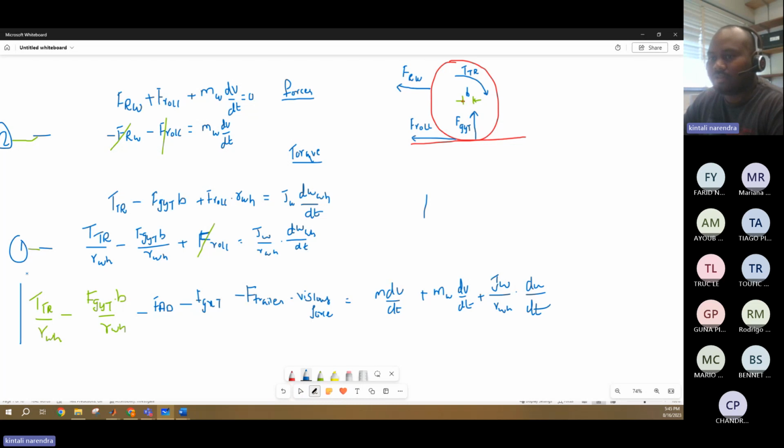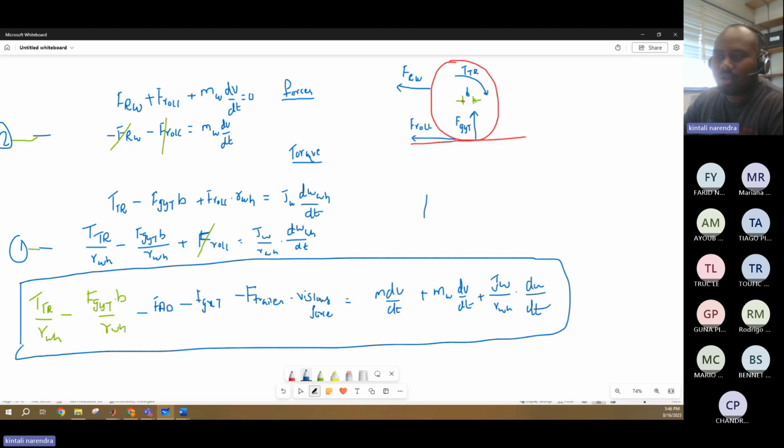So this is the equation for the forces acting upon a quarter car, not on the complete car.